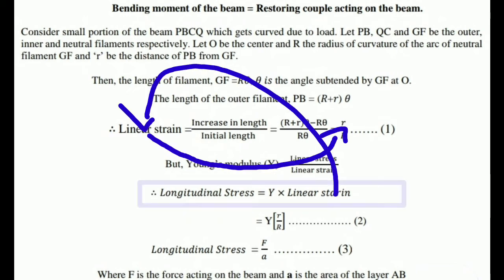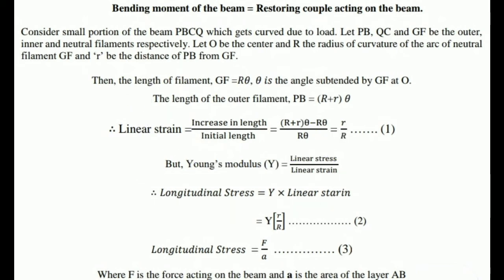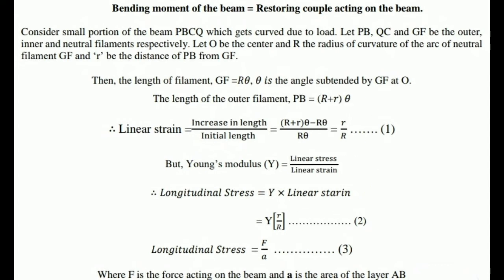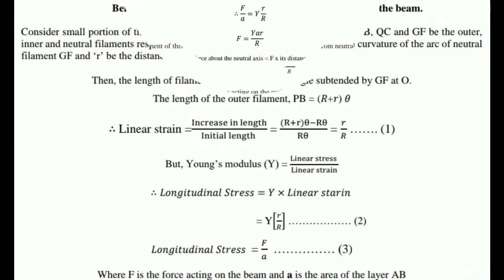The linear strain we already derived in equation number 1 is r by R. So we can write it as Y into r by R. Take it as equation number 2. I hope you know what longitudinal stress means. Stress means force per unit area, so F by A. Take it as equation number 3.